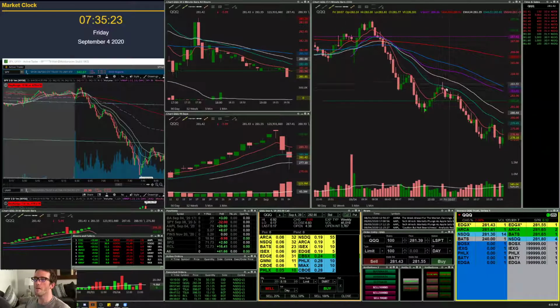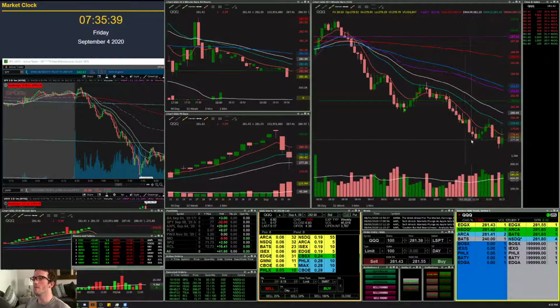And then when people are done getting out, and the people on the long side are outnumbered by the people or the amount of shares and volume on the short side, it goes down. And sometimes the volume's low, so the market makers are controlling the stock, and they're driving it up and they're driving it down.